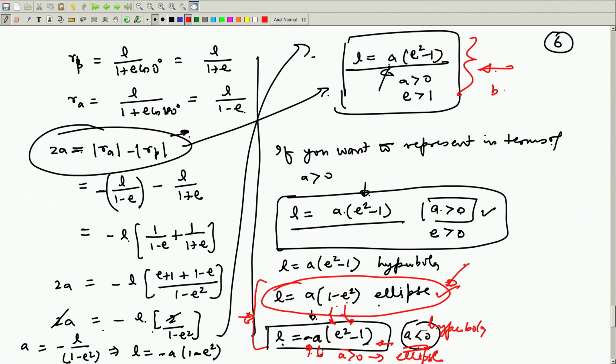Only thing that you have to take care of is that b will always be defined as b equal to a times e square minus 1. We never write it as b equal to a times 1 minus e square. This is not correct. Okay. This is only for the case of ellipse. This will be valid only for the case of ellipse, and this is for hyperbola. So, this difference you have to notice.